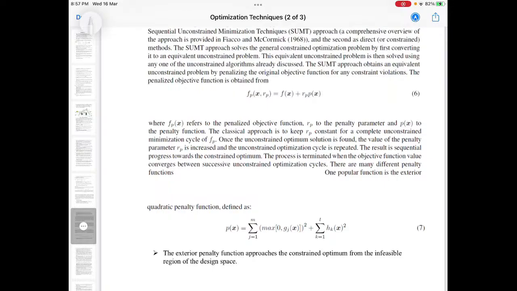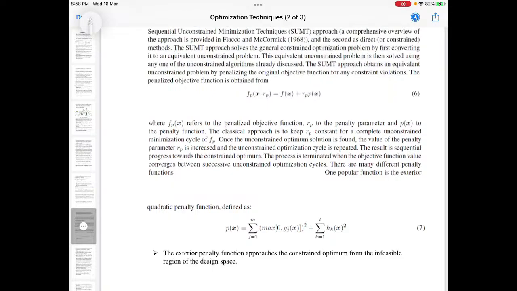The penalized objective function is denoted by fp of x, and the penalty function is p of x.